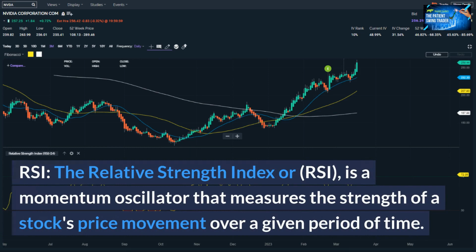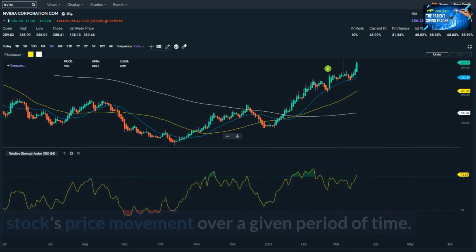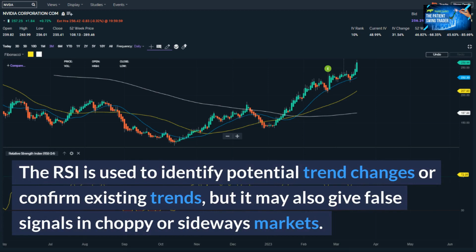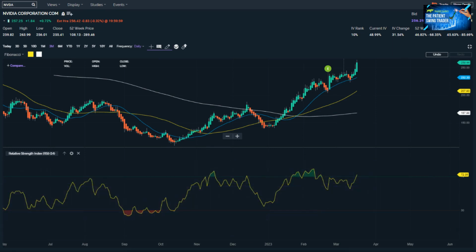RSI. The Relative Strength Index, or RSI, is a momentum oscillator that measures the strength of a stock's price movement over a given period of time. The RSI is used to identify potential trend changes or confirm existing trends, but it may also give false signals in choppy or sideways markets.